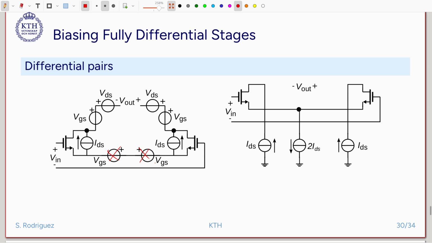So what we will have left is just the current sources. So we're going to split the current sources, and then we can use that third point, the ground point, and then we will have the following resulting circuit here.